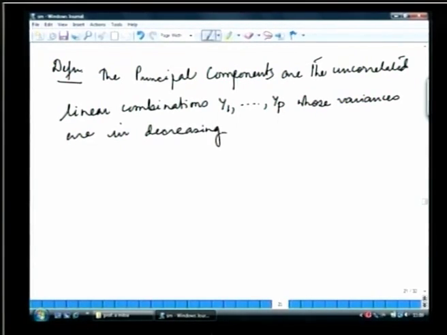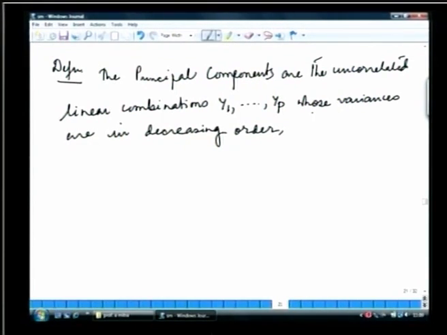Now, this is something which we are saying for the first time. Uncorrelatedness, of course, we have said before. Now, something more: we are saying that the variances of y1, y2 to yp are in decreasing order. So, variance of y1 is maximum.